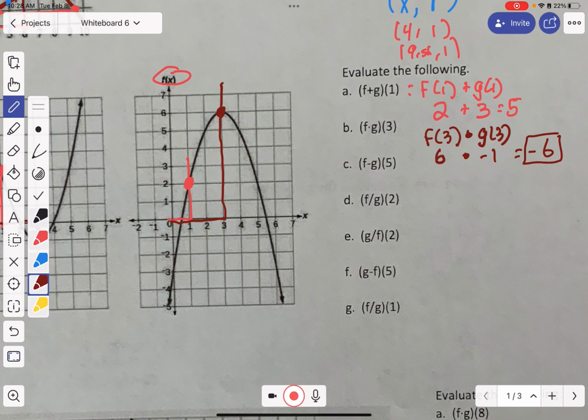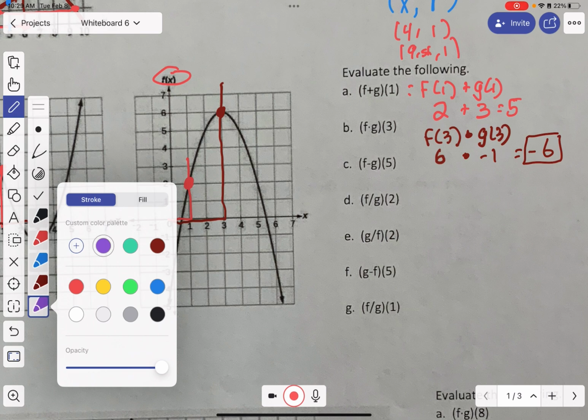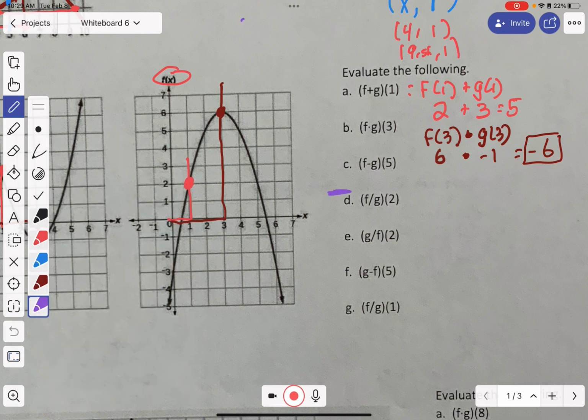One more. And let's do one more. Go ahead and do part C, and then we'll call it good if we're ready to go. Try part C. F of 5 minus g of 5.